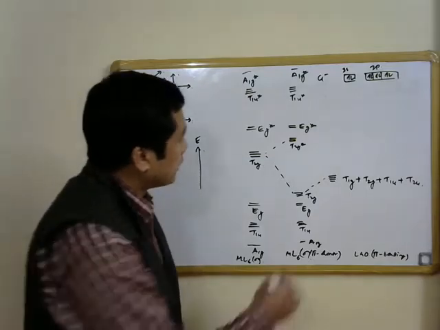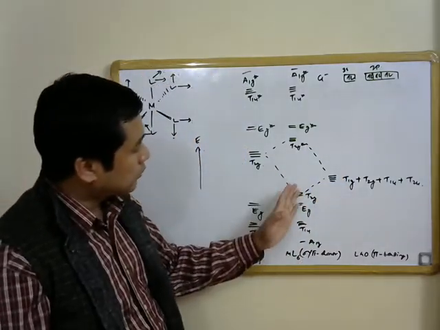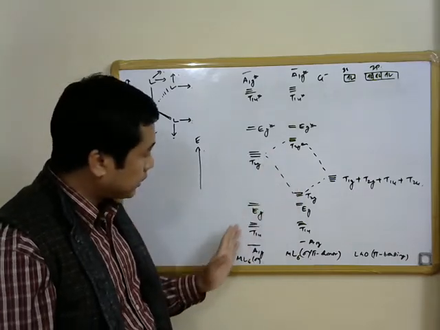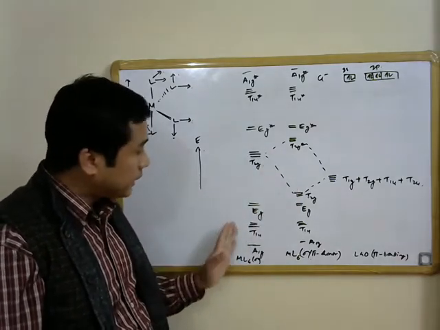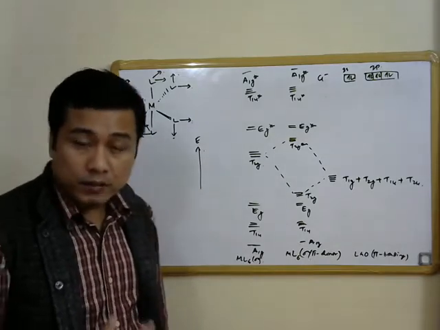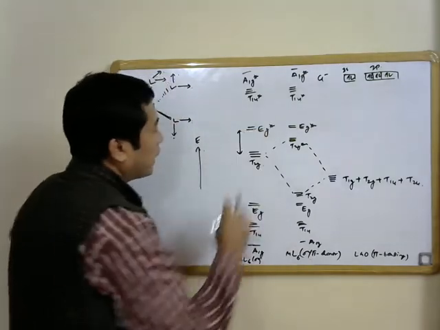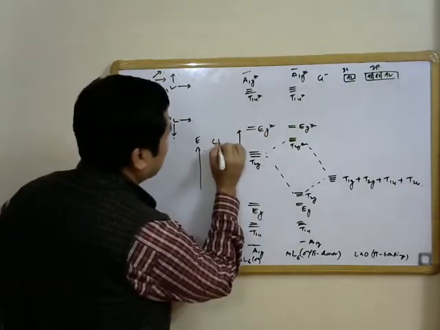So now this is the molecular orbital picture after pi bonding, and this was the situation when we had only sigma bonding. Now we should look at the CFSE, or crystal field stabilization energy, of the complex when only sigma donor ligands were present. This is the CFSE in that case.